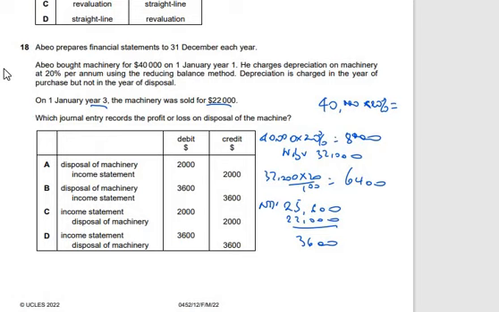If we are recording the loss, we debit the income statement and we credit the disposal account. That means we are transferring the loss into the income statement as we are balancing off the disposal account. So we debit the income statement and we credit the disposal account. So these are the two questions.